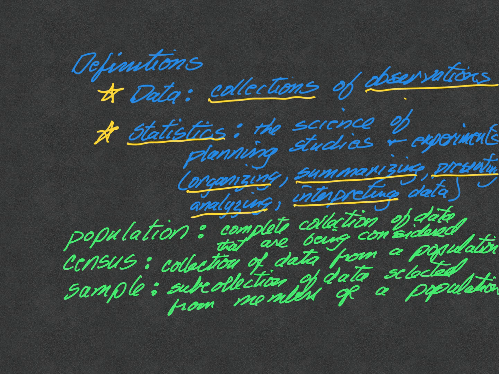Now, just to help you out with this, organizing data is going to be like tables or graphs of some type. Summarizing data are going to be numerical summaries. Where's the middle of this data? How evenly spread out are things in this data? That kind of stuff, that would be summarizing.